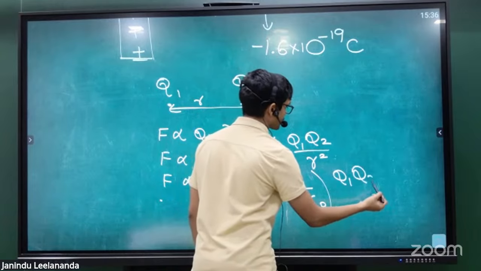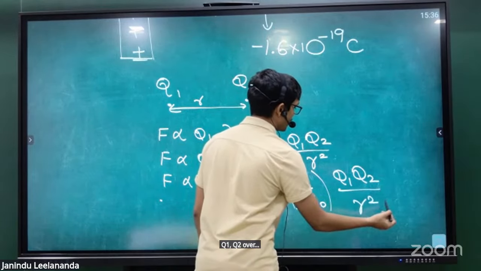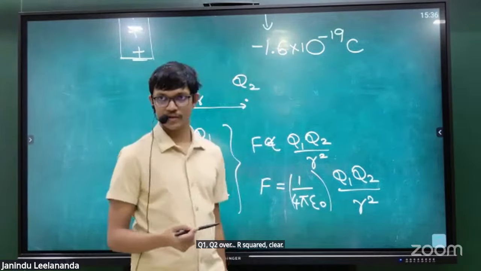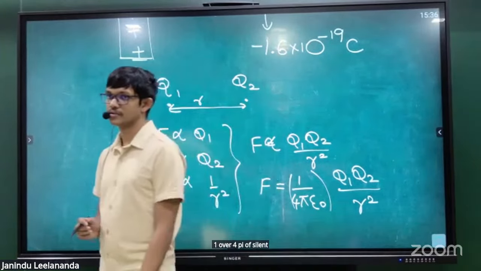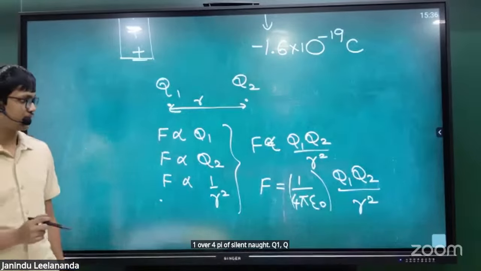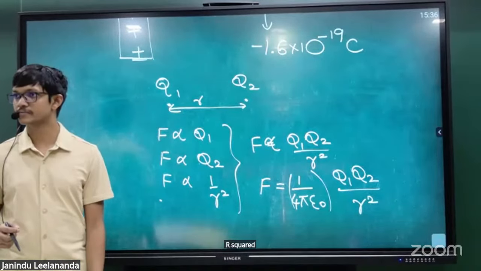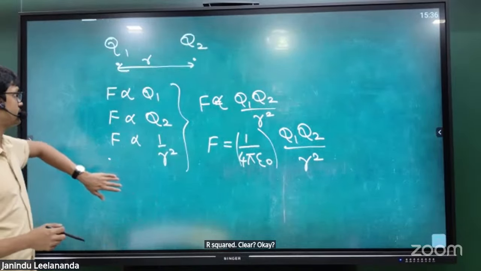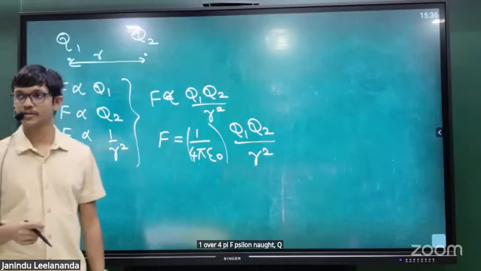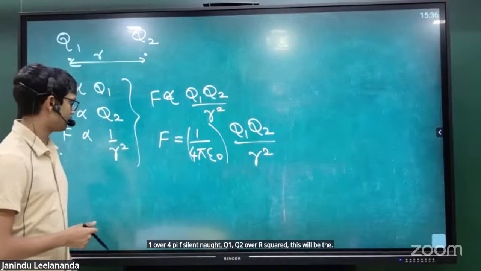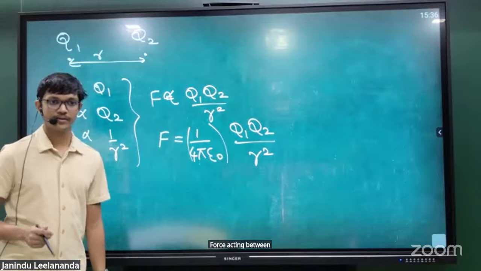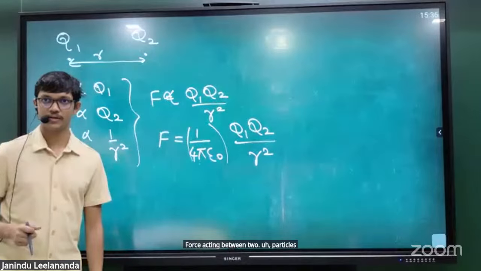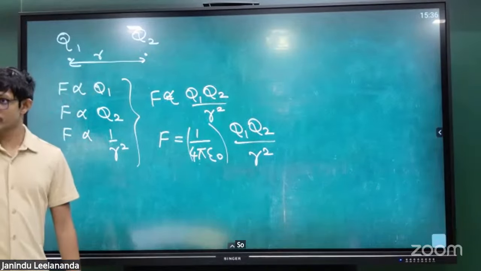So F equals 1 over 4 pi epsilon naught, Q1 Q2 over r squared. This will be the force acting between two charged particles.